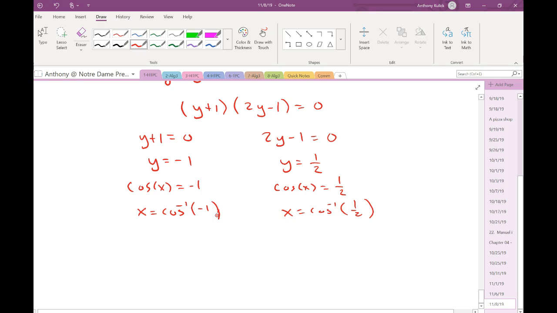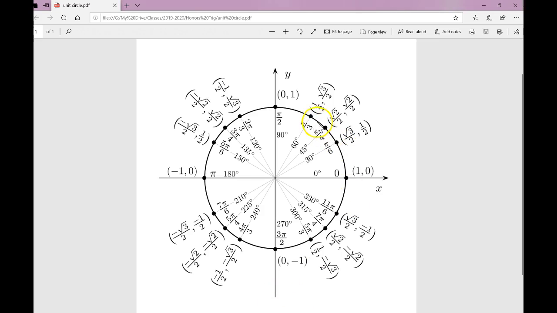So where is cosine equal to negative 1? It's at pi. Where is cosine equal to 1/2? I think it's pi over 3, right? Let's double check real quick.